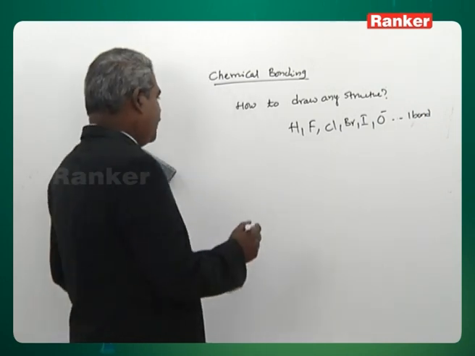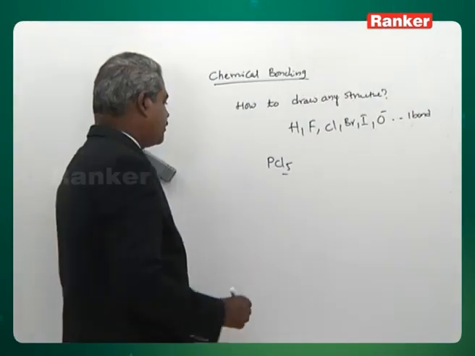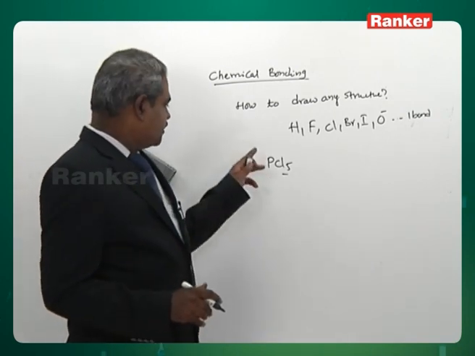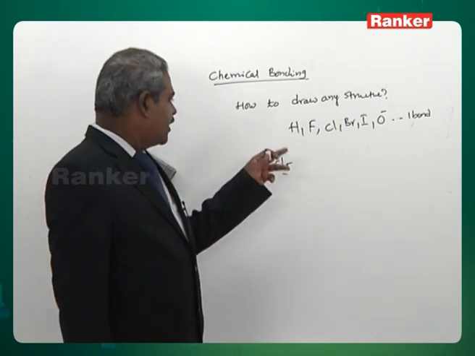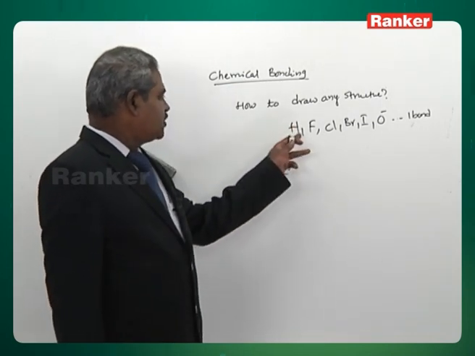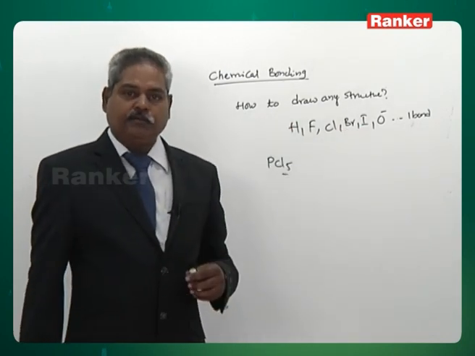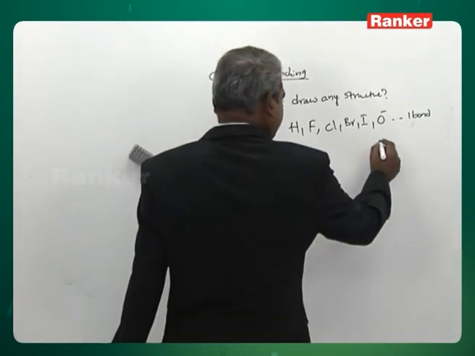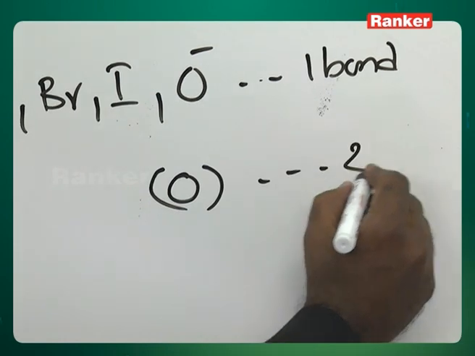For example, in PCl5, phosphorus is the central atom at the center and 5 chlorines are approaching. These are called terminal atoms. So, when hydrogen or any one of these is a terminal atom, they form one bond only. And oxygen, wherever it is a terminal atom, forms two bonds.